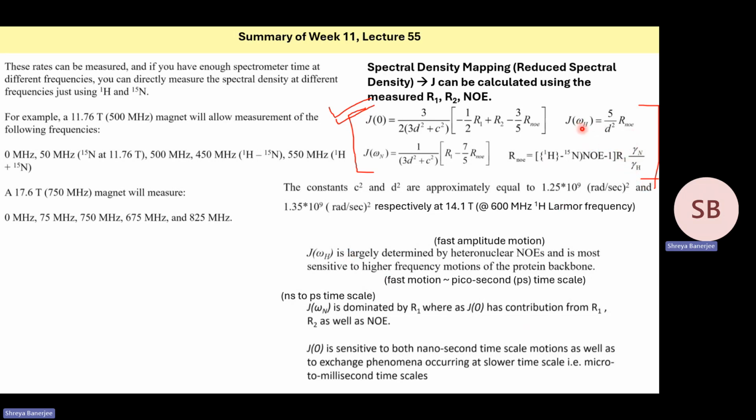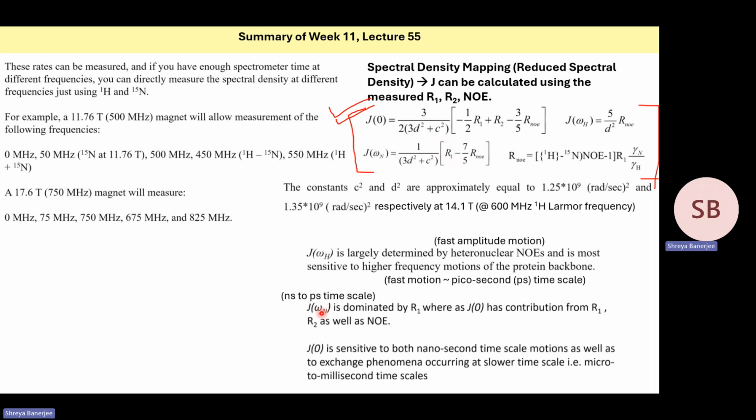So the J omega h is largely determined by the heteronuclear NOE. And we know the heteronuclear NOE is sensitive to high frequency motions of the protein backbone. So the J omega h will give you an idea about very fast motions, that is in the picosecond time scale. J omega n, if you look at the formula, is dominated by R1.